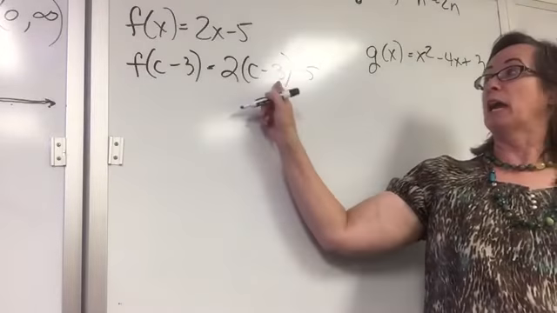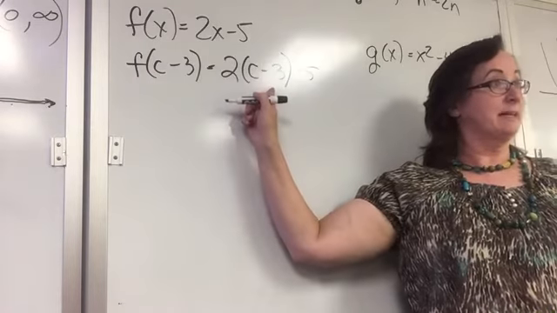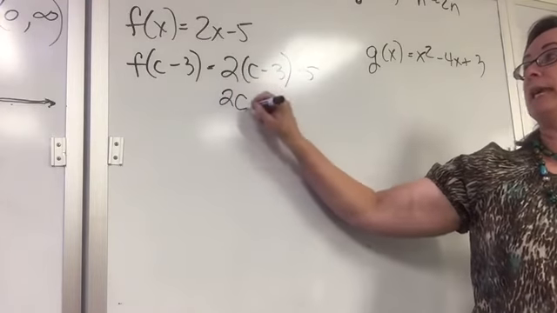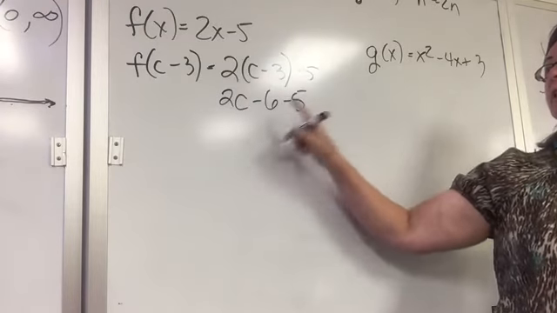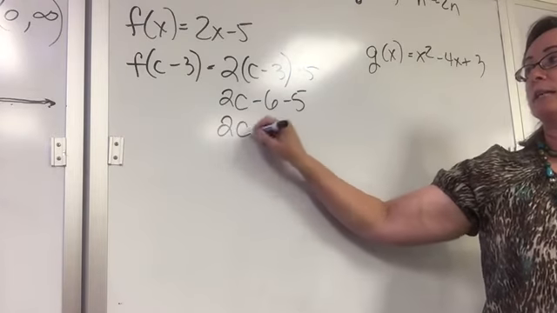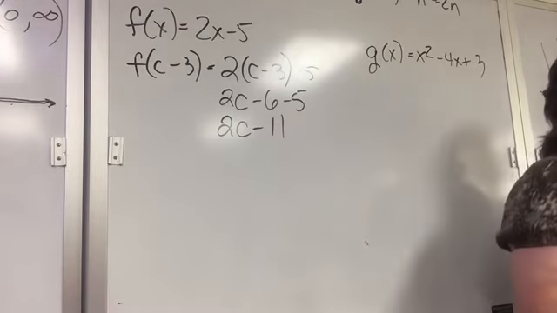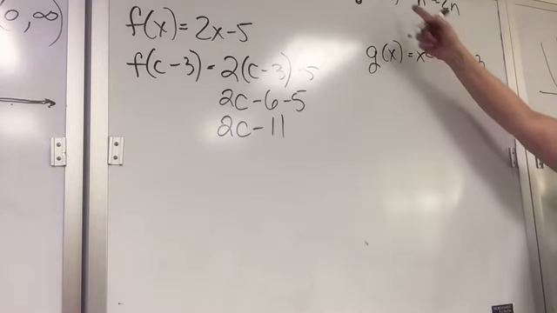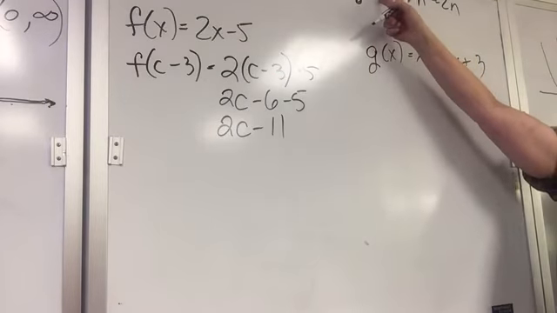Here's where I had my x, and I'm going to replace it with c minus 3. Now I distribute and get 2c minus 6 minus 5. Since I have two negatives, it winds up being 2c minus 11. This one, everywhere I see an x, I'm going to replace it with n plus 1.